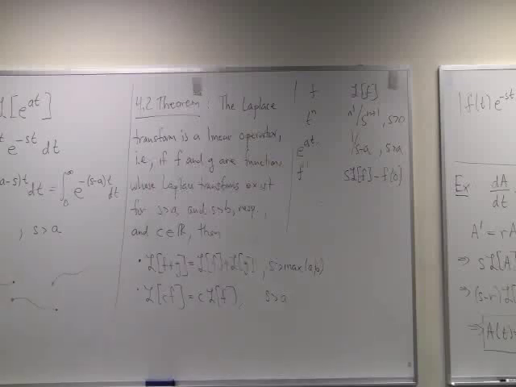Okay, so that's, of course, very easy to prove if you think about the definition of the Laplace transform. It's just given by an integral, and of course we know integrals are linear. So that shouldn't be hard, but of course this is very useful.